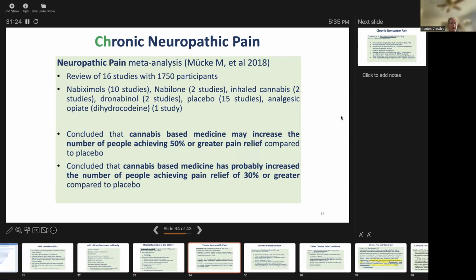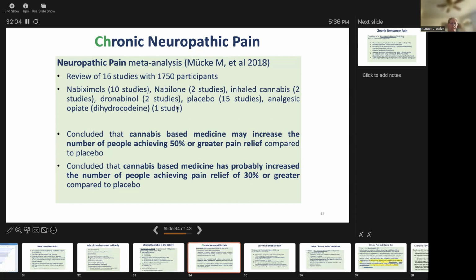Cannabis use in neuropathic pain. A meta-analysis by Mücke looked at 16 studies with 1,750 participants, some using commercially available products. Nabiximols is the generic term for Sativex, which is an approximately 1-to-1 oral mucosal solution that is approved in over 25 other countries, but still has not been approved in the US.